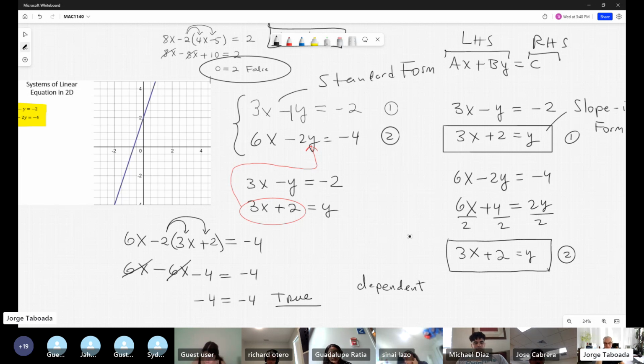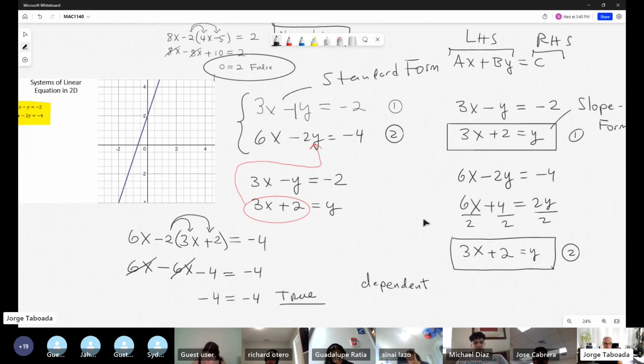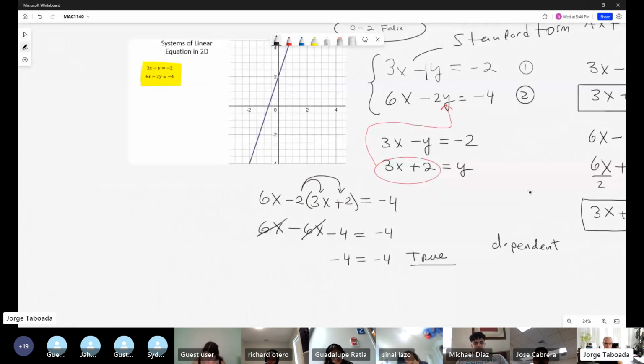How do you know that? Well, one easy way to understand this is, look, I want to copy one more time the equation that's given at the beginning. 3x minus y equal minus 2, equation 1, and 6x minus 2y equal negative 4, equation 2. This is my system that's given in the test, in the homework online, whatever.